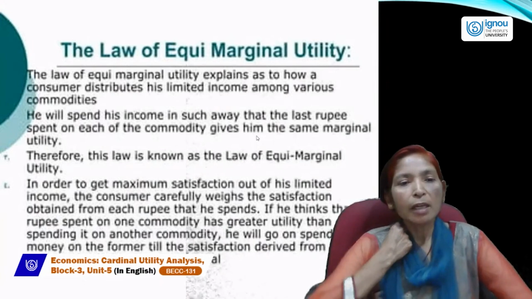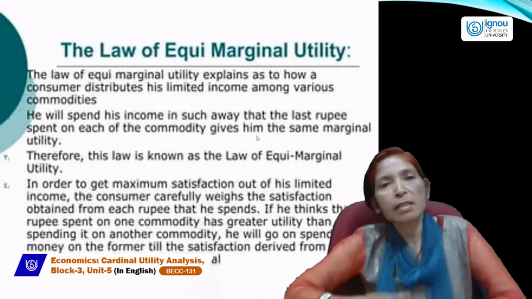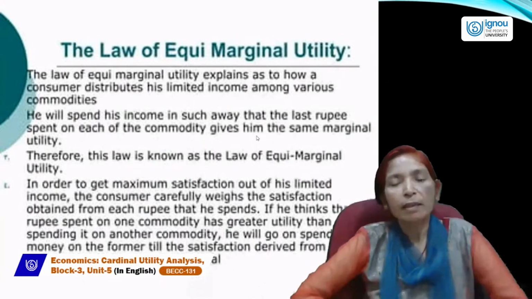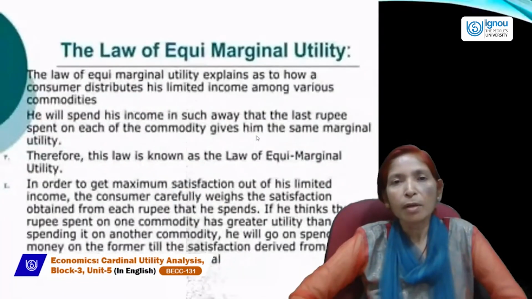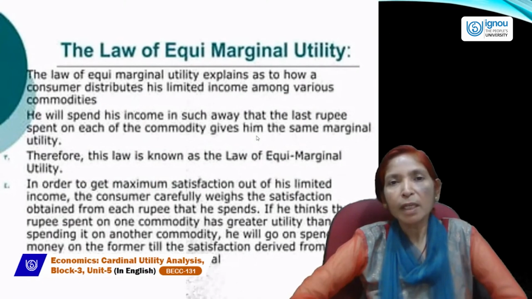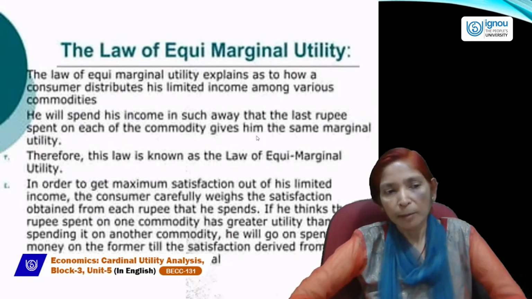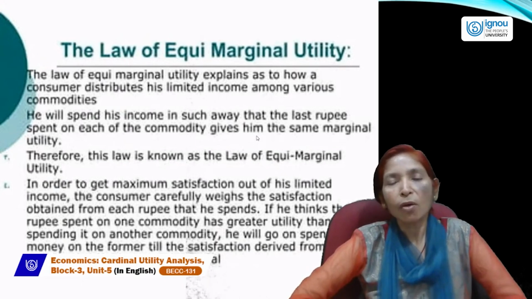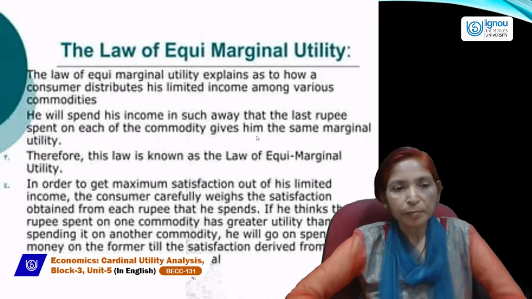He will spend his income in such a way that the last rupee spent on each commodity gives equal satisfaction, MUx/Px = MUy/Py = MUz/Pz. So the consumer will be at equilibrium where the ratio of marginal utility to price is equal for every commodity like X, Y, and Z. Therefore, this law is known as the law of equi-marginal utility.